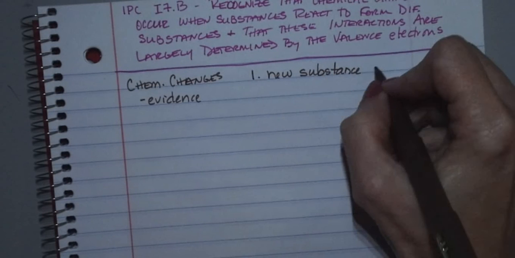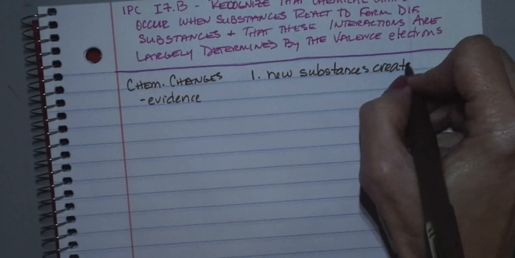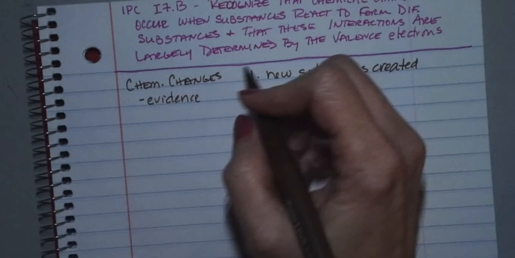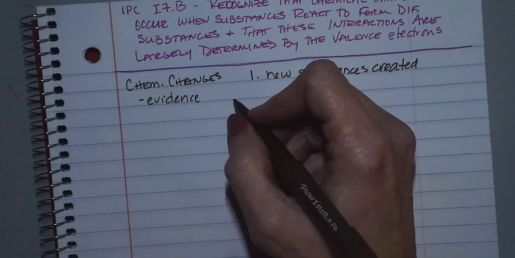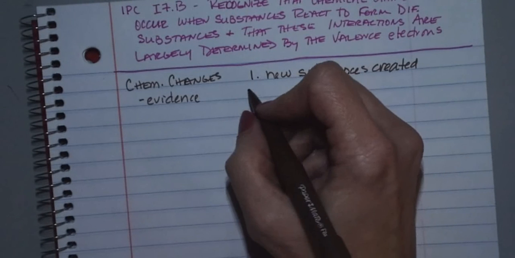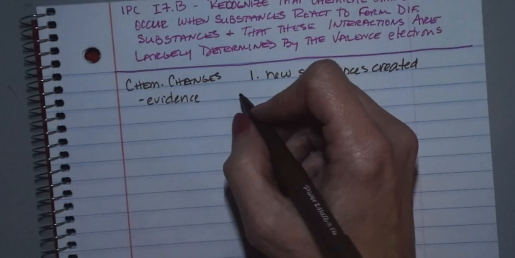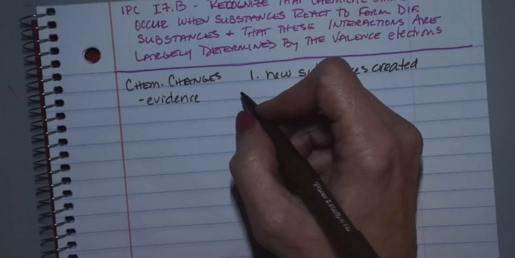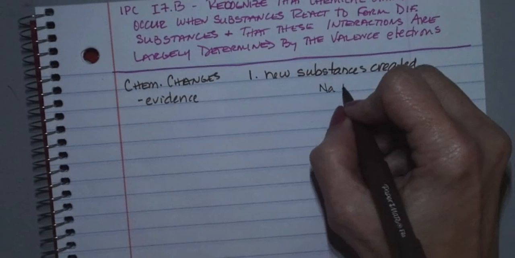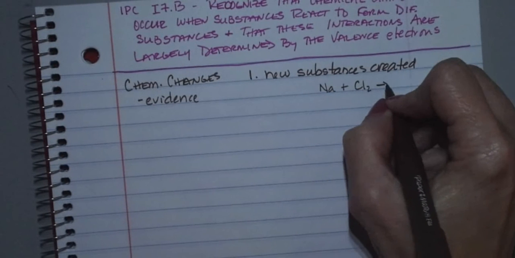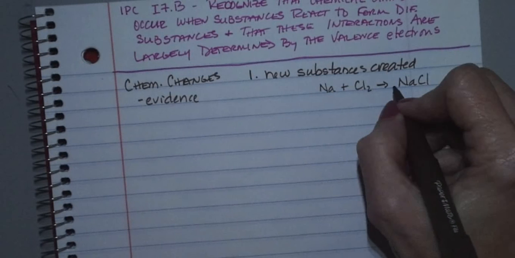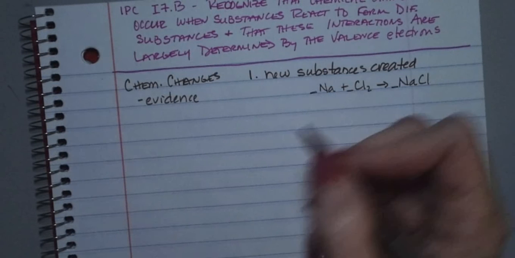Like for example, if we take sodium, which is a shiny metal that if you stick it in water it explodes or bursts into fire, and then we take this poisonous greenish yellow gas called chlorine, and if we chemically react them together, we get a totally new substance that we can eat. Both the other two pieces are poisonous to us. So if we have sodium metal plus chlorine gas, we get sodium chloride, which we like on our fries here. So we look for a new substance that's been created.